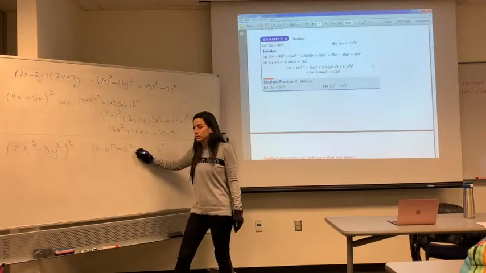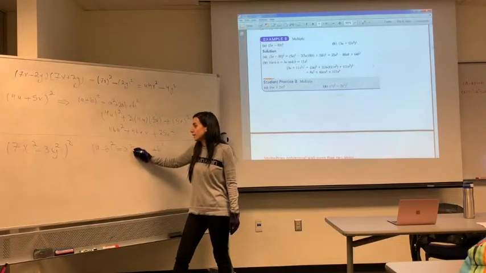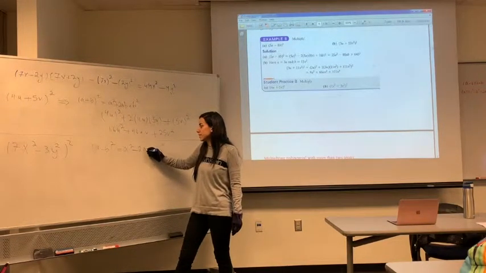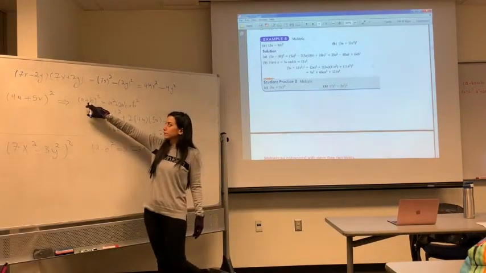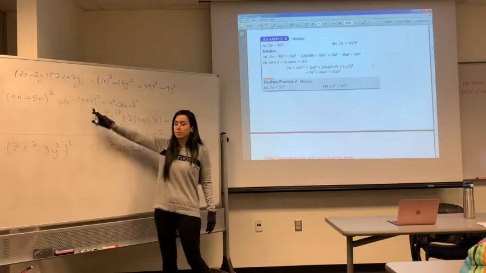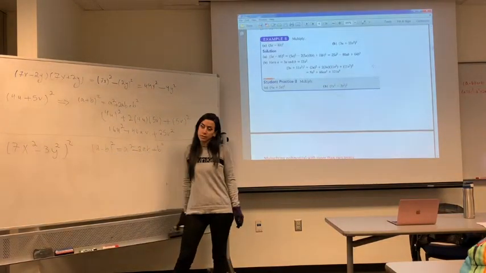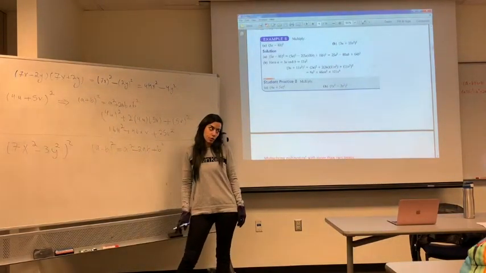Now between these two, we have negative 2 times ab. It's different from the previous one, because for that one we have positive between them, and for this one we have negative between them. Right?